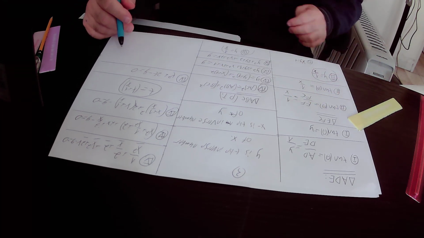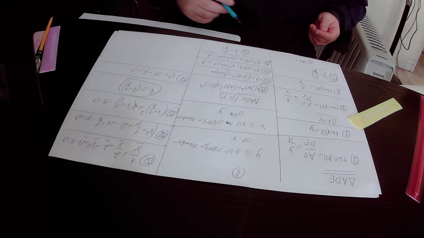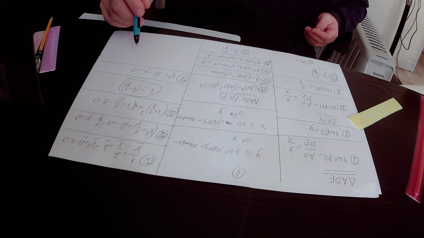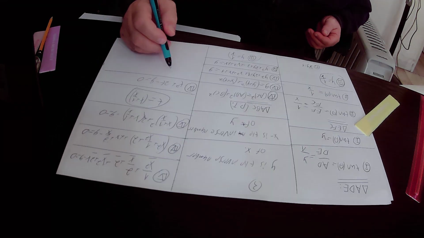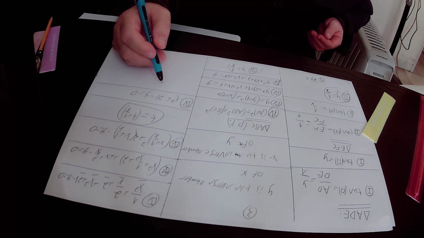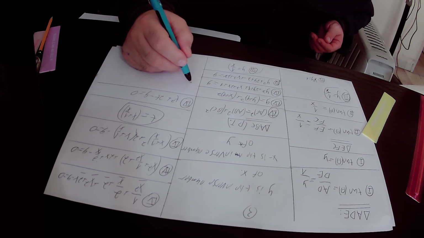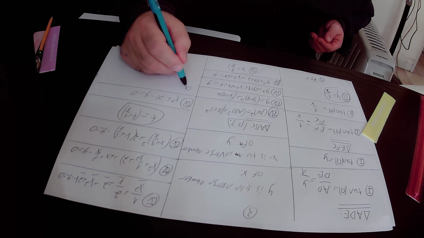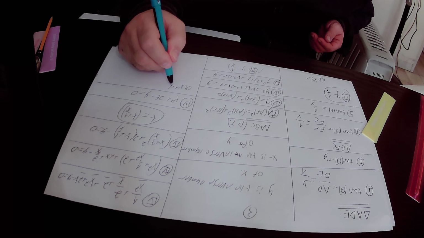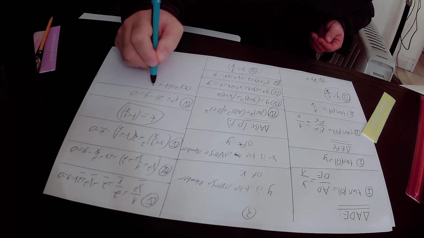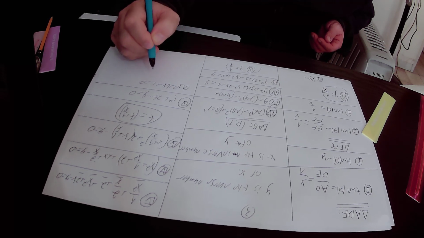So here we have a quadratic equation. The variable in this quadratic equation is t, and the general formula for a quadratic equation is ax squared plus bx plus c equals 0.